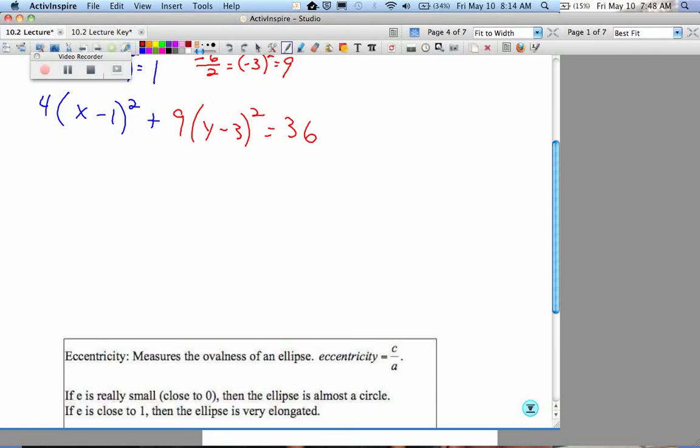So 46, isn't it? Oh wait. The key to this problem is that we always want the ellipse set equal to 1. Ten or twelve of you will probably lose points on the exam because you don't set your ellipses and hyperbolas and so on equal to 1.